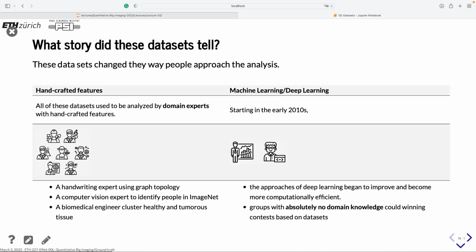You can have handwriting experts for the topology of the graph. You can have people to actually identify people in the ImageNet, or you can look for health in the tumorous tissue, for example. If you look at the machine learning approach, someone who works with machine learning doesn't have to know the topic that they are actually working with.